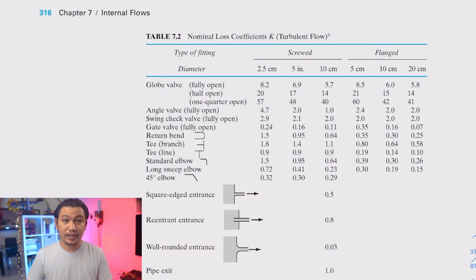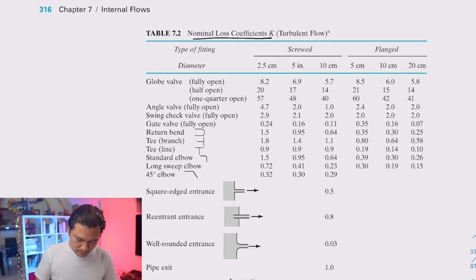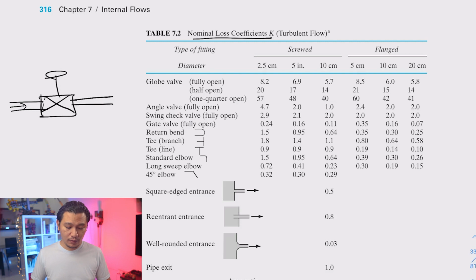Right, so this is what the loss coefficient table looks like. You can find this in your textbook, or if you Google loss coefficient, you will find this table. So nominal loss coefficient, or K. Now let's see. If a system has a globe valve in it, let's say you have a pipe here, and then this meets a globe valve. Because the flow has to go through a valve, there will be some losses inside that valve.